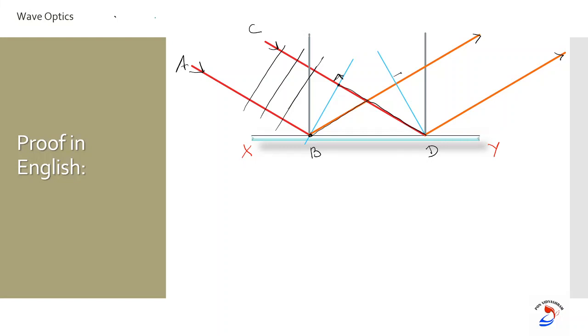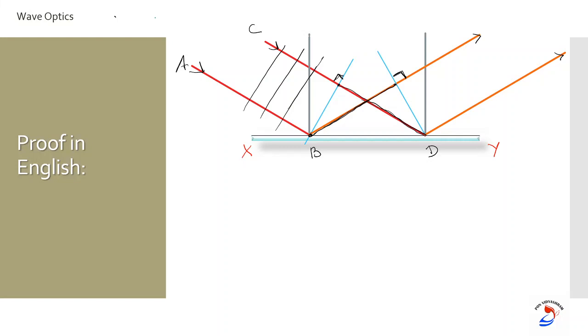It is again drawn perpendicular to it. Now the time taken for this ray to reach here is the same time this ray takes to reach this particular point. So did you understand that the ray traveled this distance, and in the same time this ray has got reflected along this particular line.